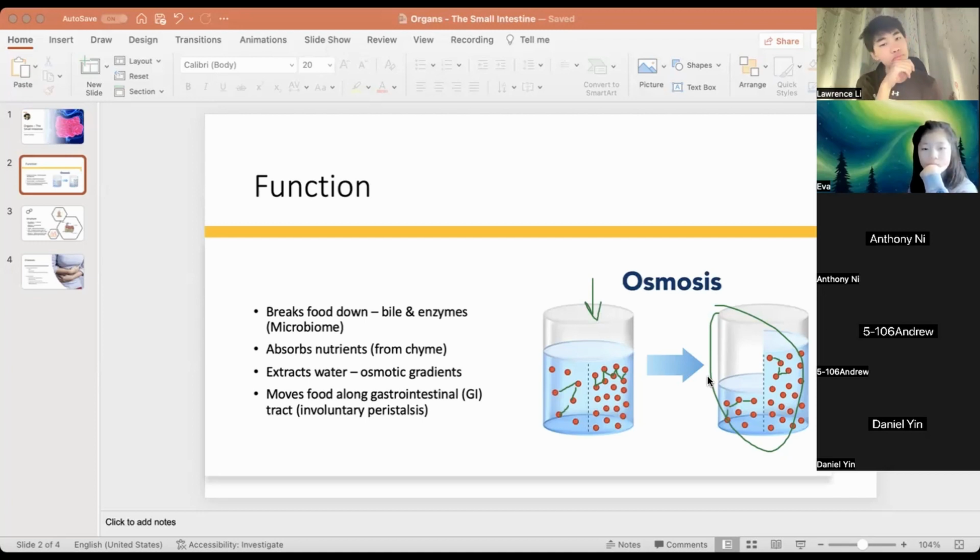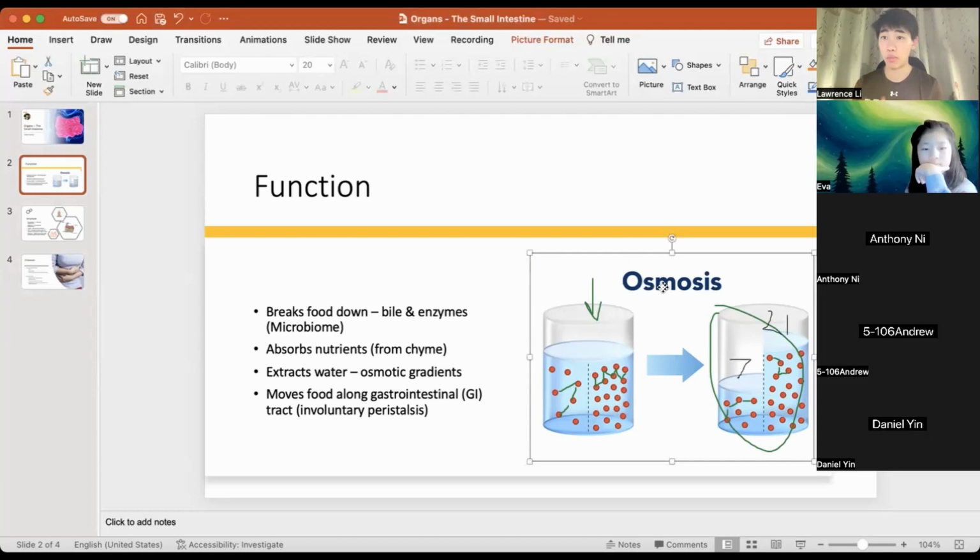I was listening to a science podcast and it said that the stuff in the air has to balance, and that's how wind happens. Yes, I believe what you're referring to is diffusion, which is very similar to osmosis, just not with water. Osmosis refers to the process of only water moving.